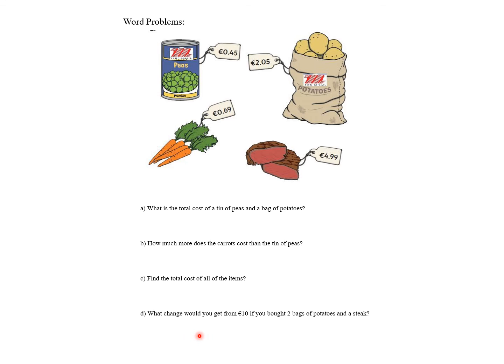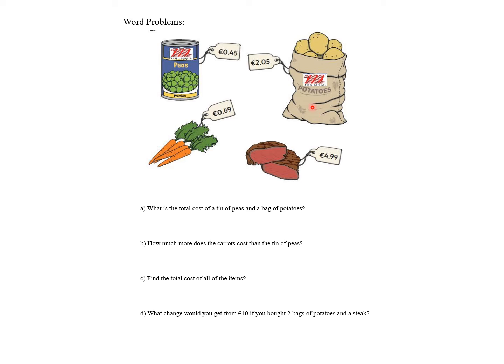What change would you get from 10 euros if you bought 2 bags of potatoes and a stick? So 2 bags of potatoes and a stick. If you buy these two things, what will be the change received from 10 euros?